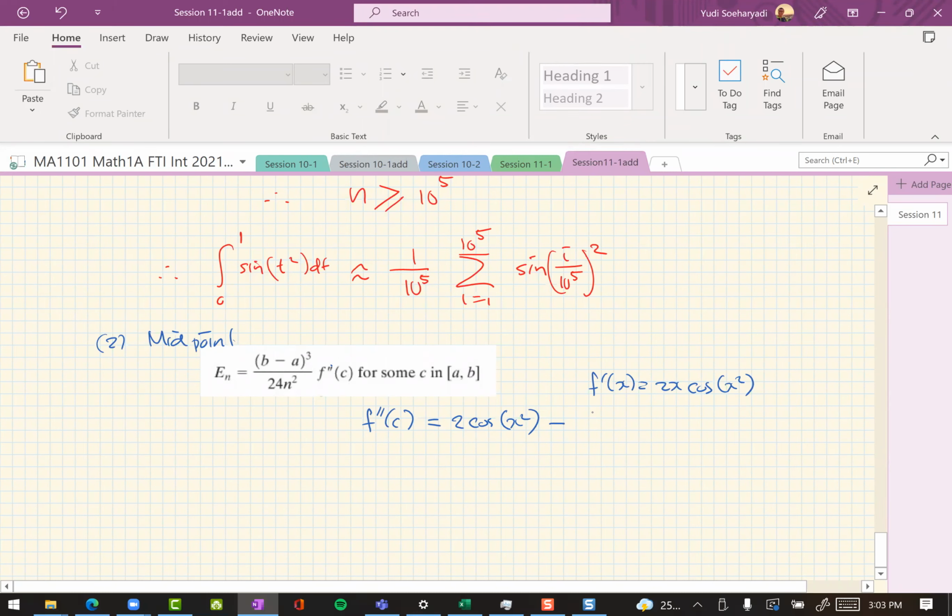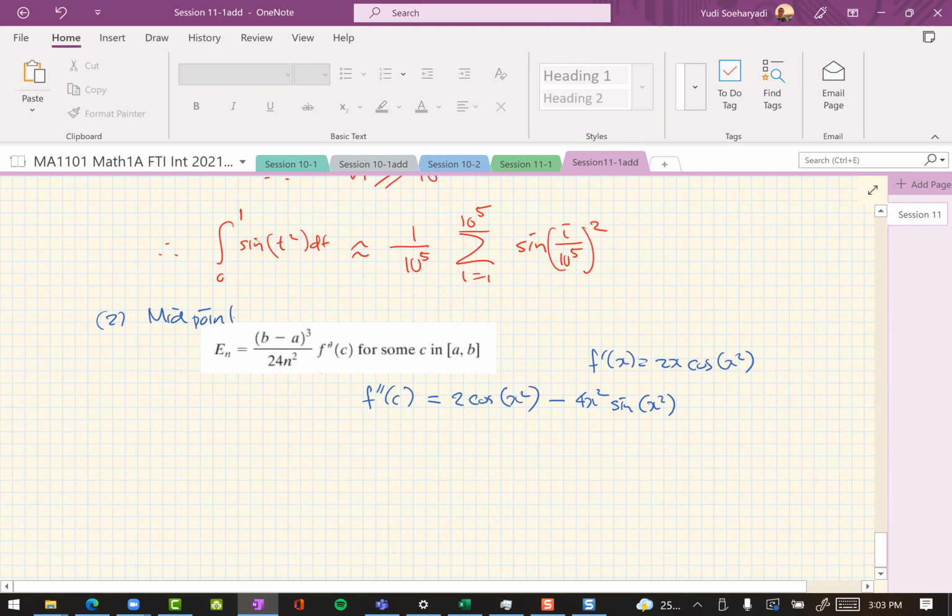So it's negative, x squared becomes just 2x. So then we have 4x squared sine.